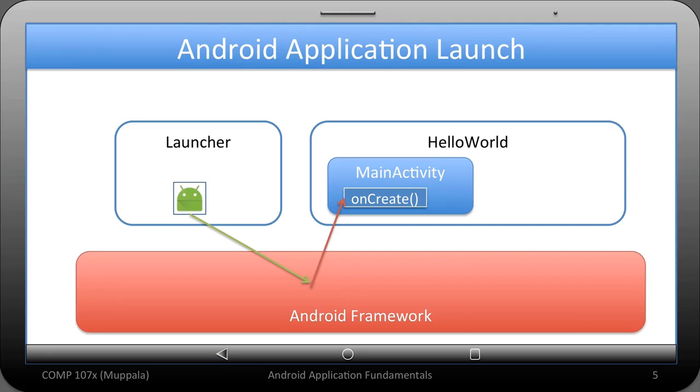Now, creating the activity involves the Android framework calling the onCreate method that you implement within your activity class. Hence the reason you see the onCreate method in the code that we just examined a bit earlier.